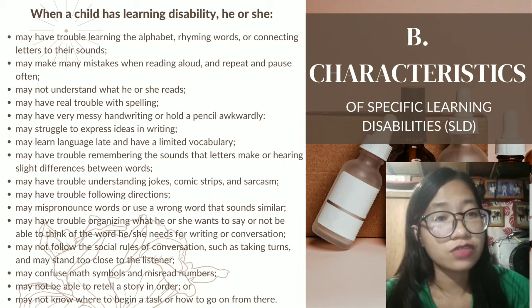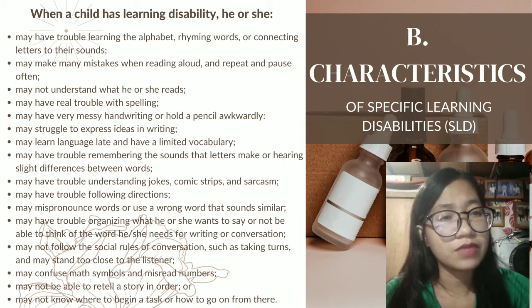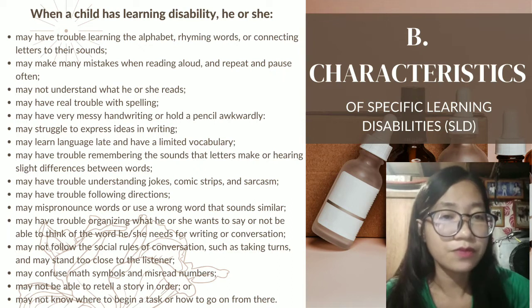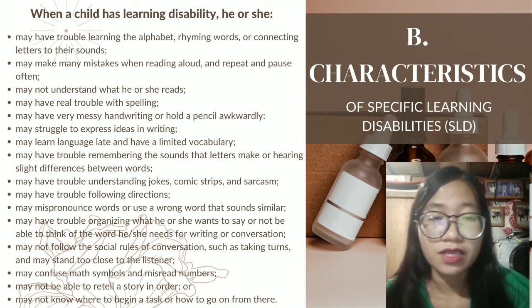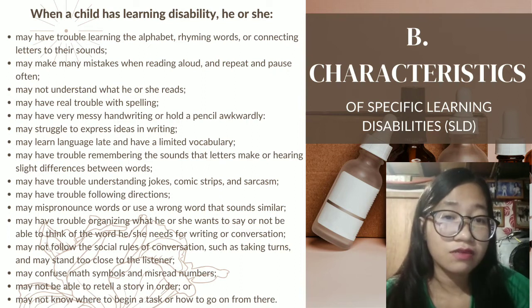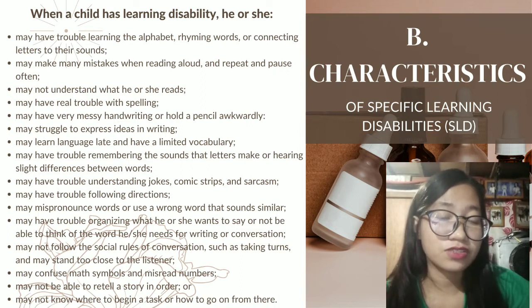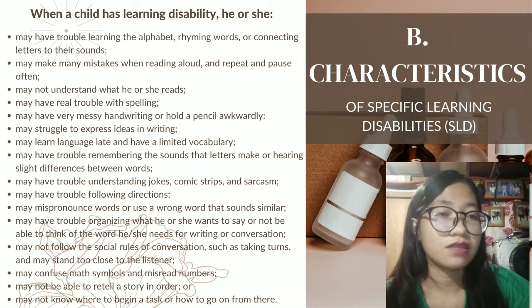May not follow the social rules of conversations, such as taking turns, and may stand too close to the listener. May confuse math symbols and misread numbers. So, maglibog siya sa math symbols like sa addition symbol, multiplication symbol. So, maybe mabali-bali na niya. Then, misread numbers.